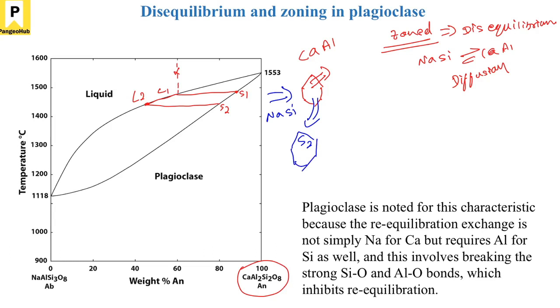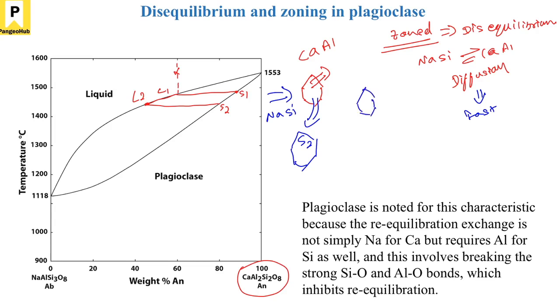Now diffusion is a slow process, at least in the solid state. So if the cooling is fast, there is no time for diffusion to take place, and as a result the solid S1 that formed fails to react with the liquid.